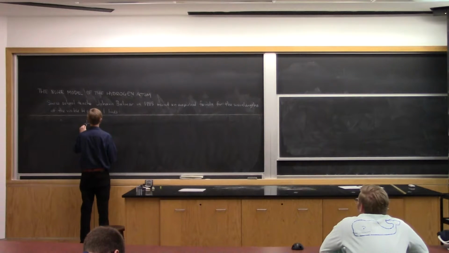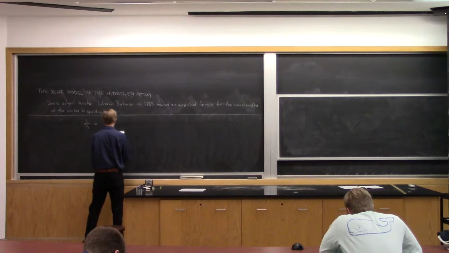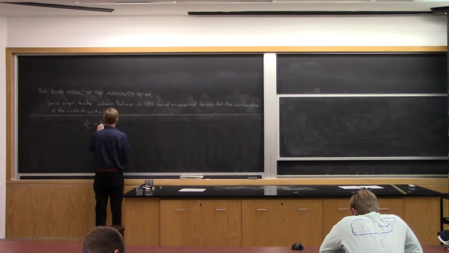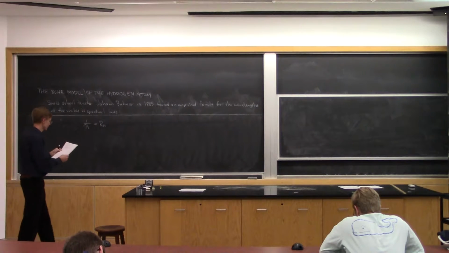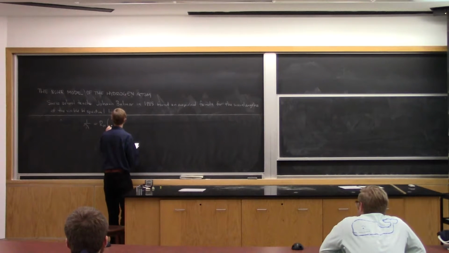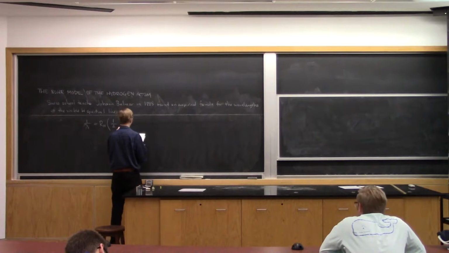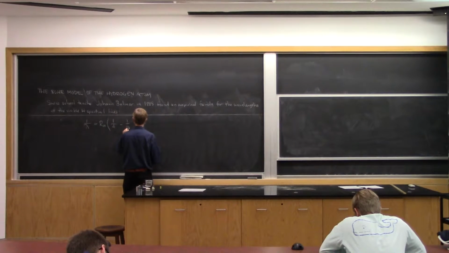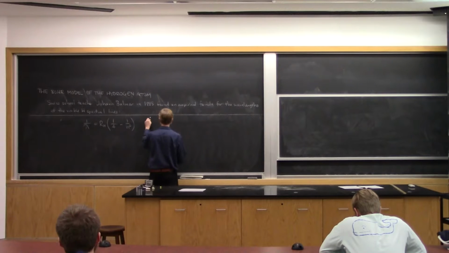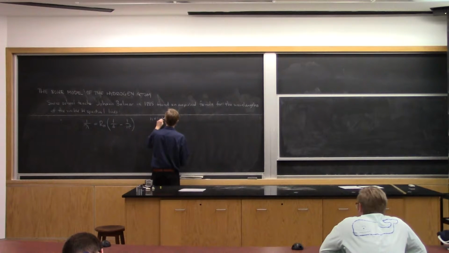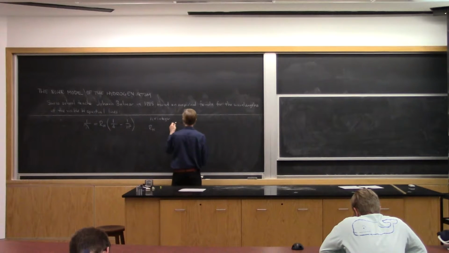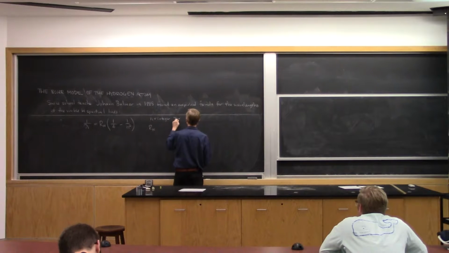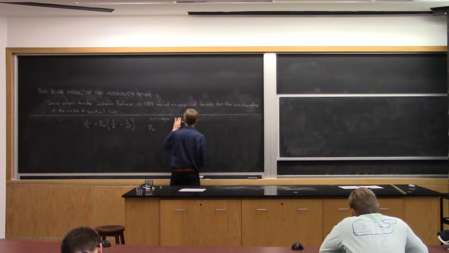It looks like this. The reciprocal of the wavelength, 1 over lambda, is a constant R sub H that we call the Rydberg constant, times 1 over 4 minus 1 over n squared. So n is an integer greater than or equal to 3.